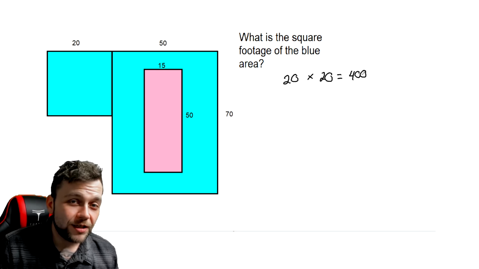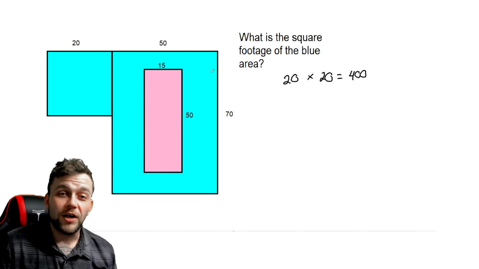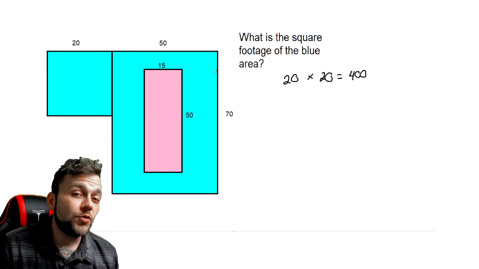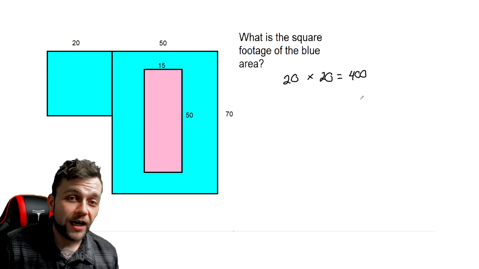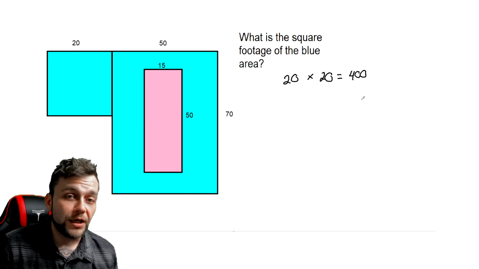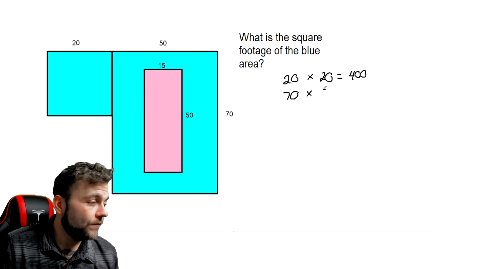Whatever units it's in, it is still square units. Then we move on to our larger rectangle. We're only trying to find the area of the blue space, but we still want to find the total area of the big rectangle first. So 70 times 50, and that equals 3,500.